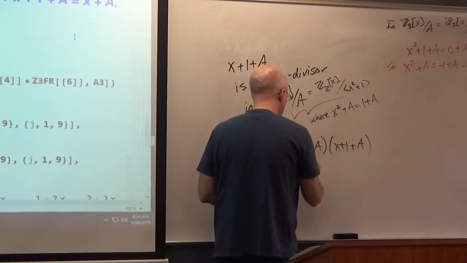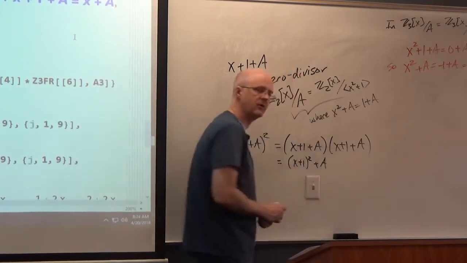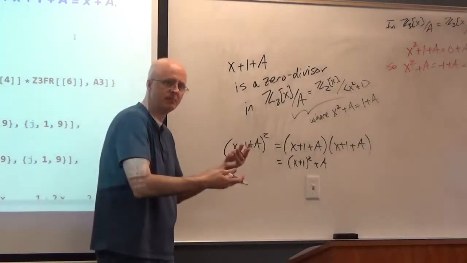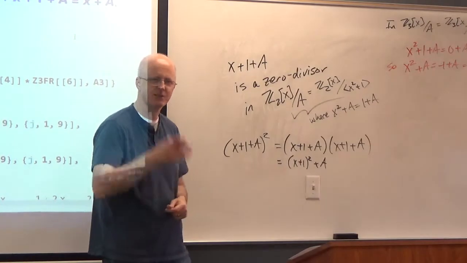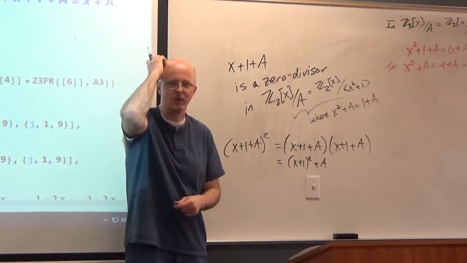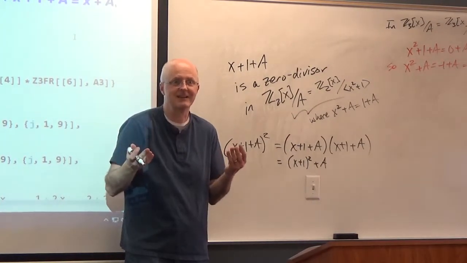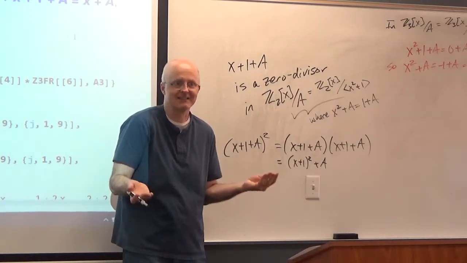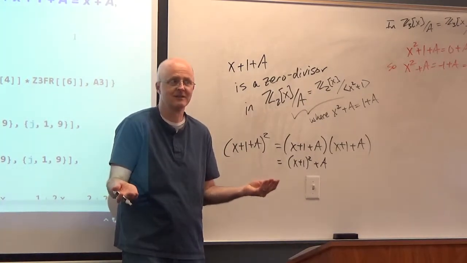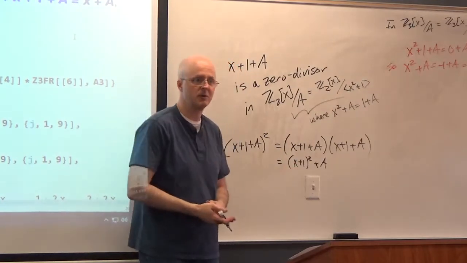This would be (x plus 1) squared plus A. You multiply the coset representatives, and just keep the plus A there. In case you were wondering why I don't have an A squared, well, A is the ideal, it's got to stay as is. It's just notation. It's the representatives that get multiplied.